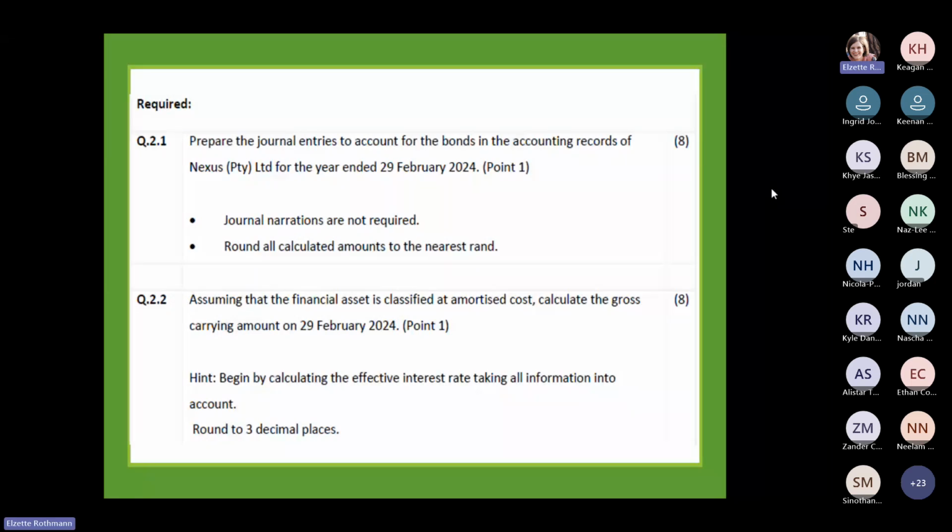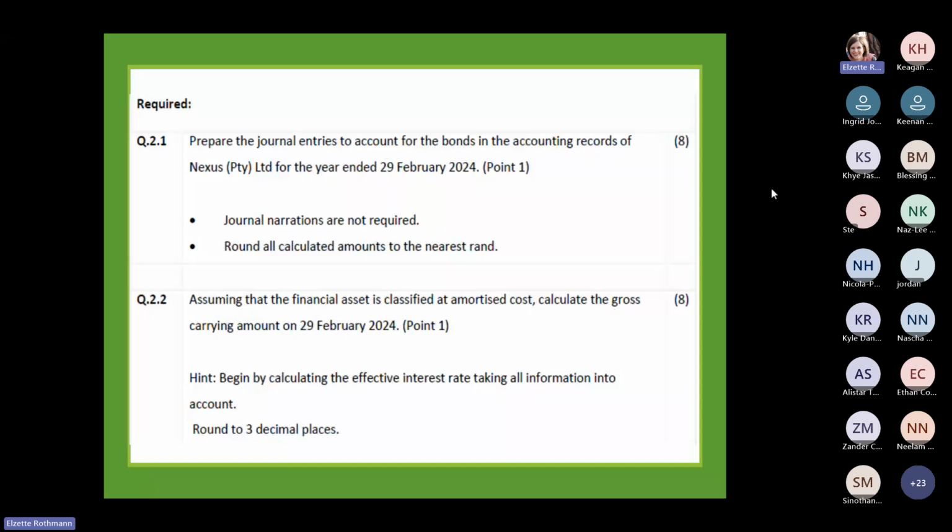Journal narrations are not required. Round all calculated amounts to the nearest rand. Okay, again, if they ask journals, make very sure about the date. Okay, so we only have to do it for the year end 29 Feb 2024.